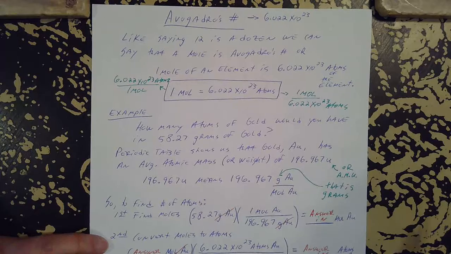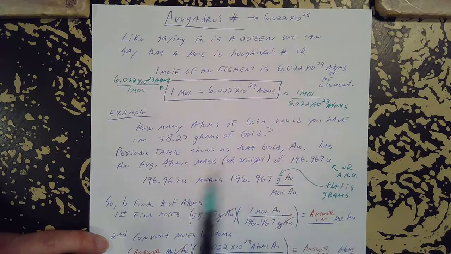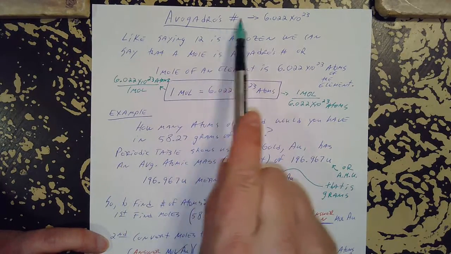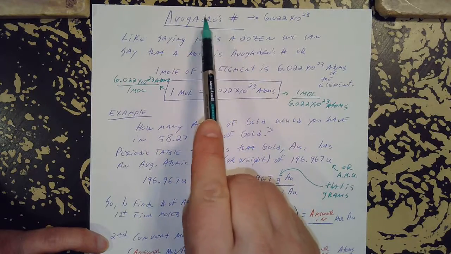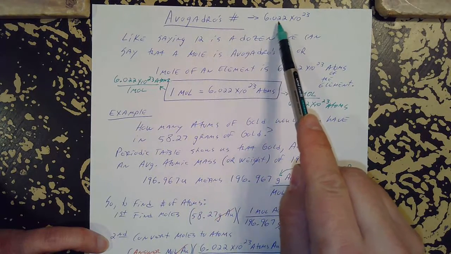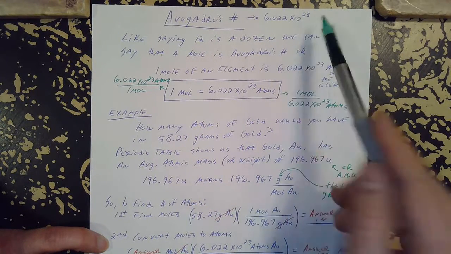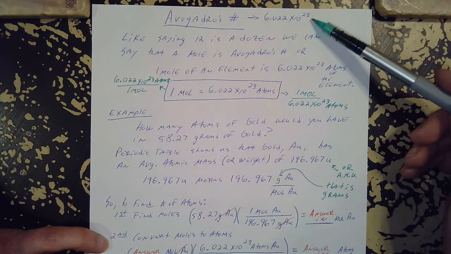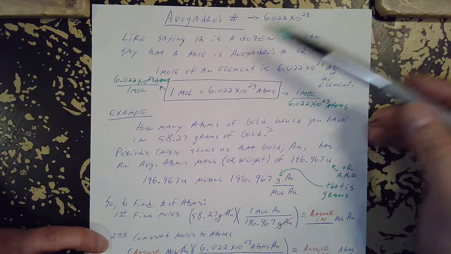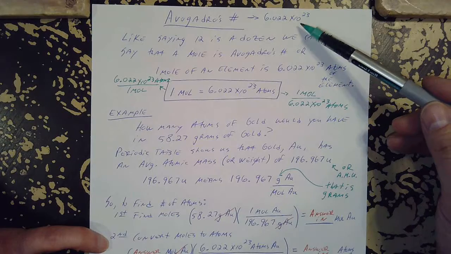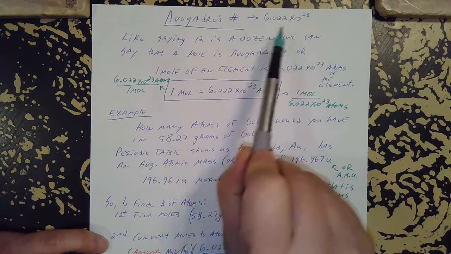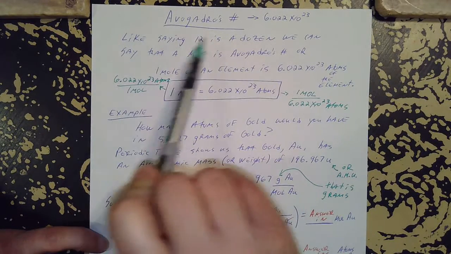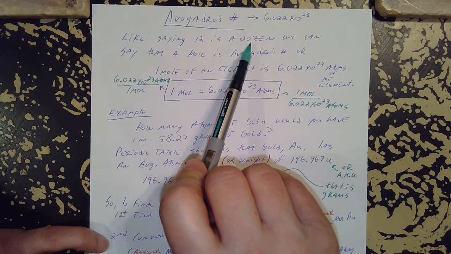Okay, using Avogadro's number. Just to refocus on what this number is, Avogadro's number is 6.022 times 10 to the 23rd, and that's referring to the number of atoms or molecules in a substance. Really, like one of the videos on Khan Academy says, it's just like saying 12 is a dozen.